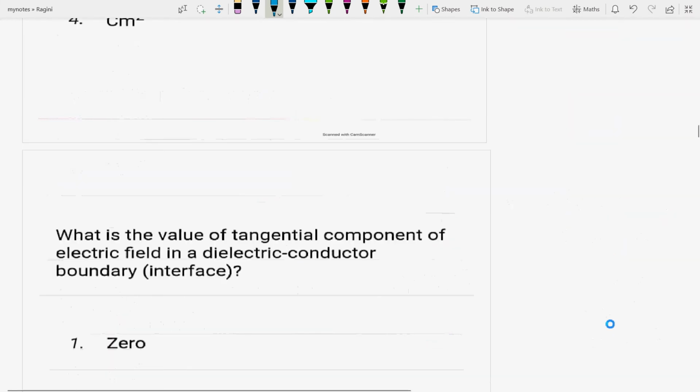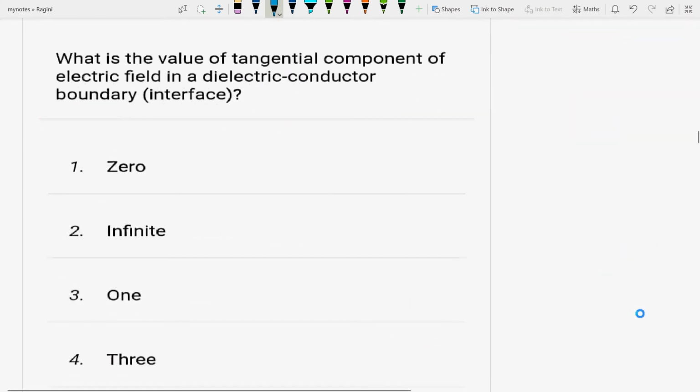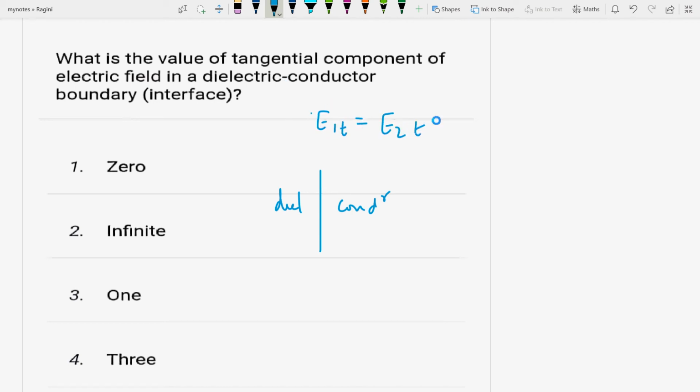Next question is, what is the value of the tangential component of electric field at a dielectric conductor boundary? If this is a dielectric and this is a conductor boundary, what is the value of the tangential component? The value of the tangential component of electric field at any dielectric conductor boundary is 0. That means E1t is equal to E2t is equal to 0.